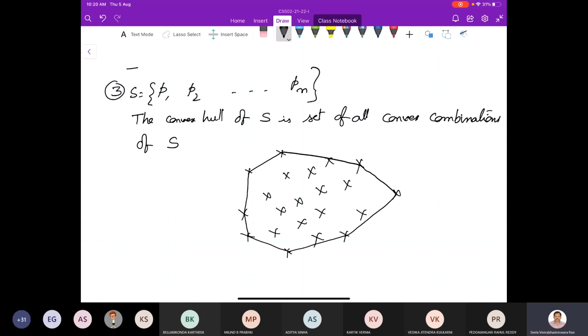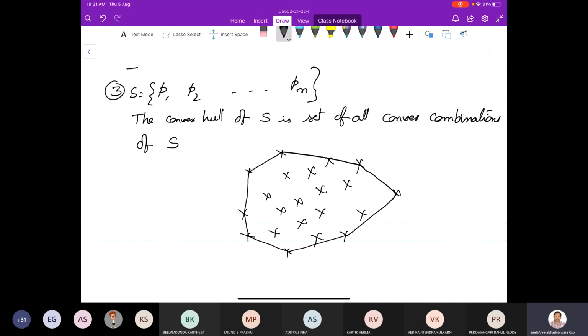If you assume these points are like pins inserted onto a cardboard, and you stretch a big rubber band over these pins and release it, whatever shape it takes is what is called the convex hull of these points.